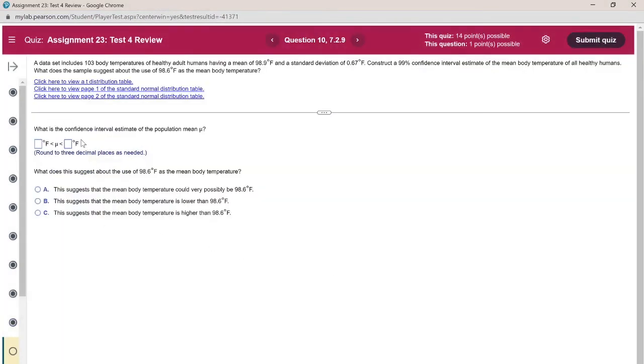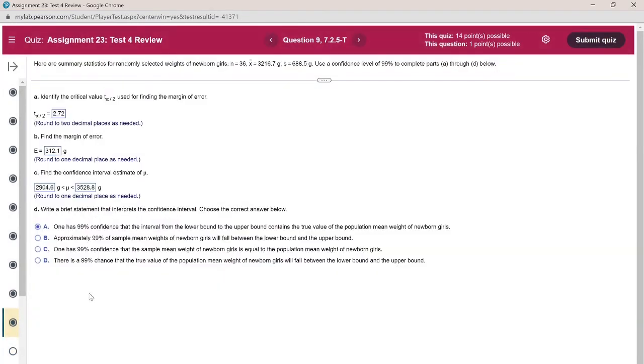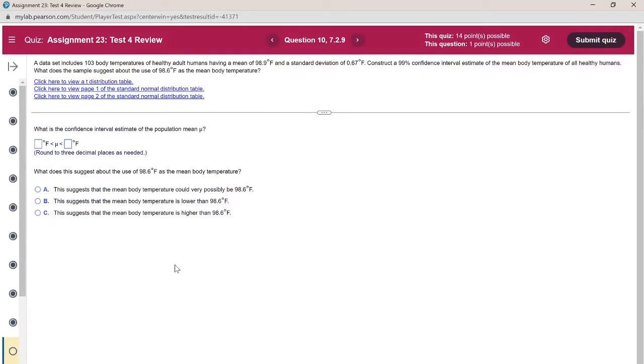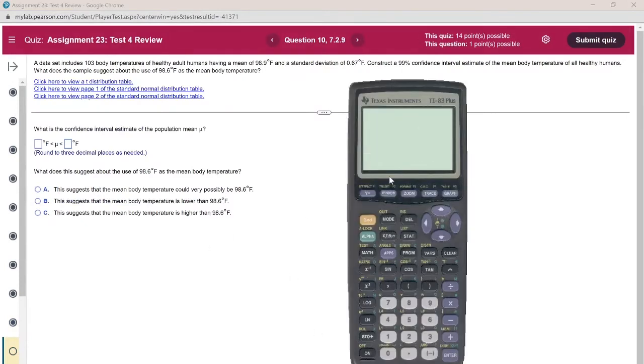This is a very similar type of problem but a different scenario. If you go back to the previous problem, the way we found the confidence interval, we needed the t value. But even without finding the t value, we can find the confidence interval using this same function, by going to test and number 8.